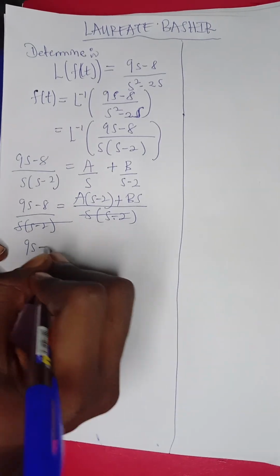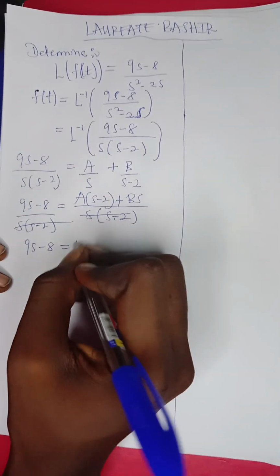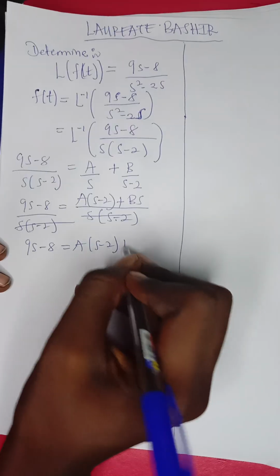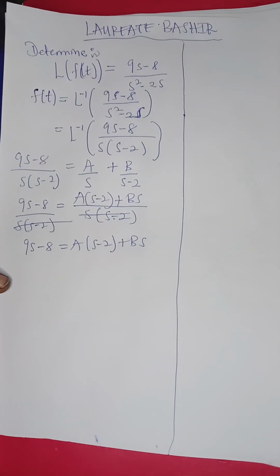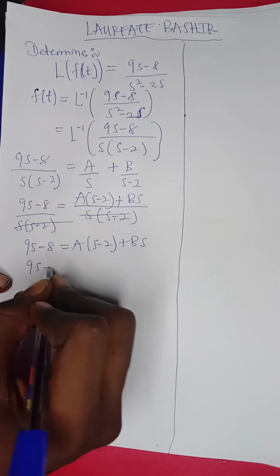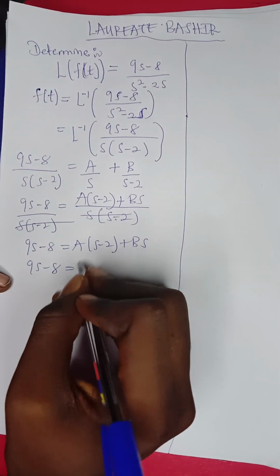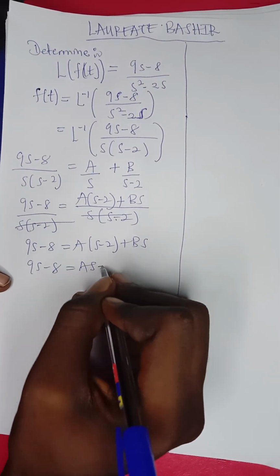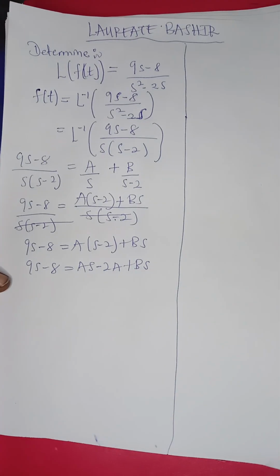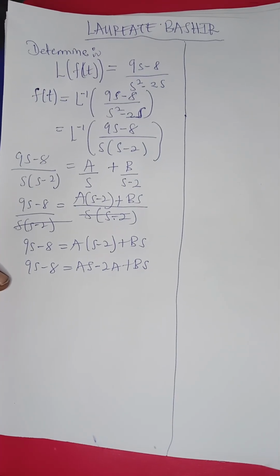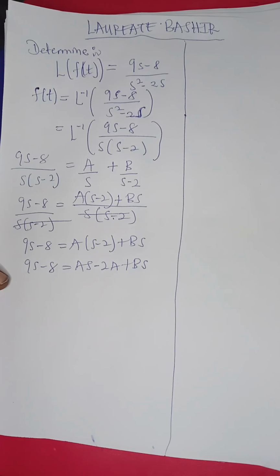So you have 9s minus 8 equals A into s minus 2 plus Bs. Now you open the brackets: 9s minus 8 equals As minus 2A plus Bs. Those having s, just equate them.